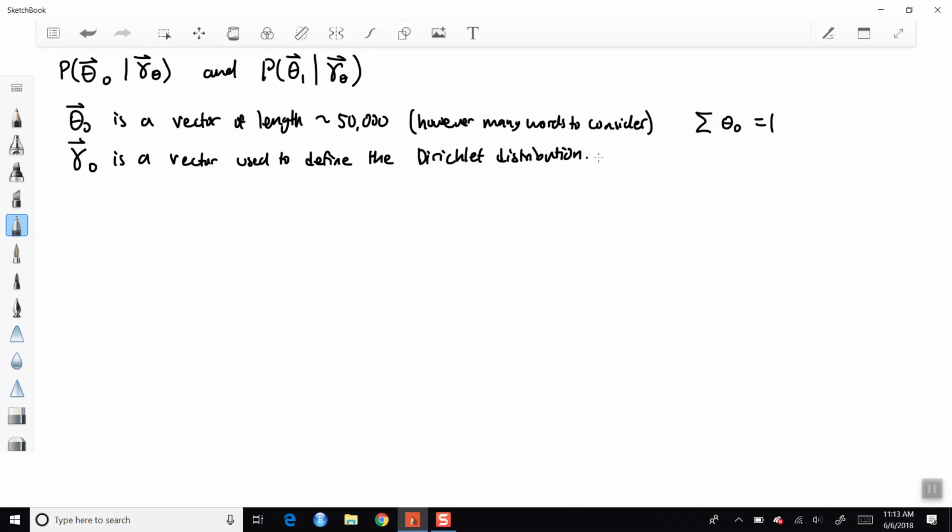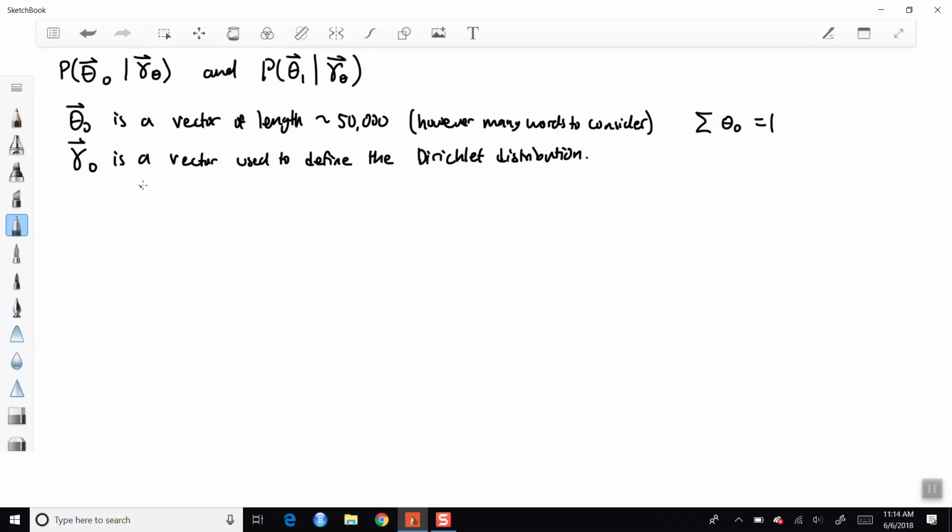And if you see 20 heads and 200 tails, then that means a proportion that's quite small is more likely, or something like that. Okay. Likewise, here it's a vector used to define the Dirichlet distribution, and very similar to the way the beta distribution parameters work.